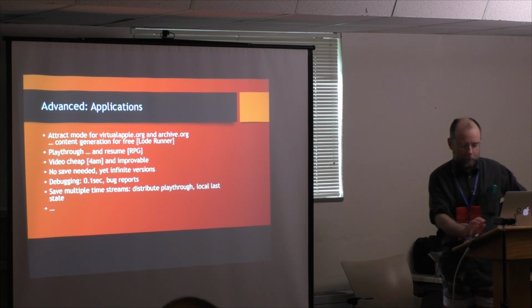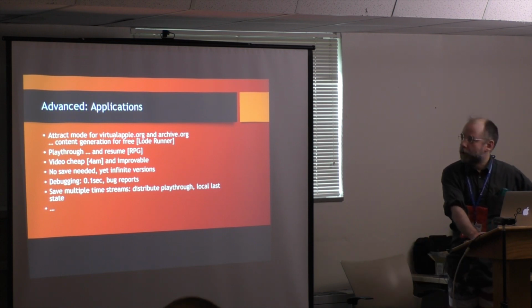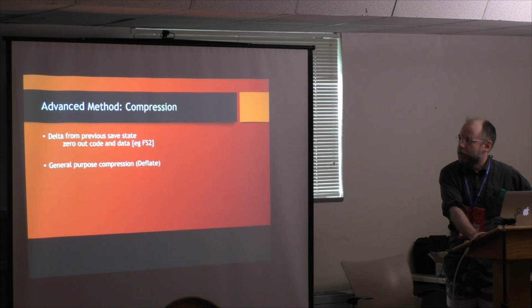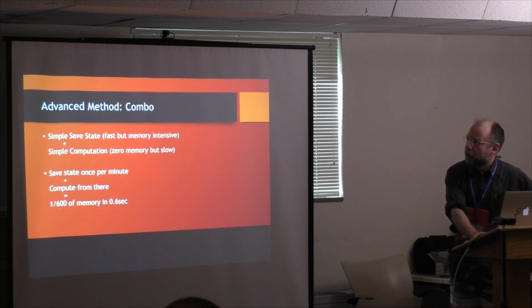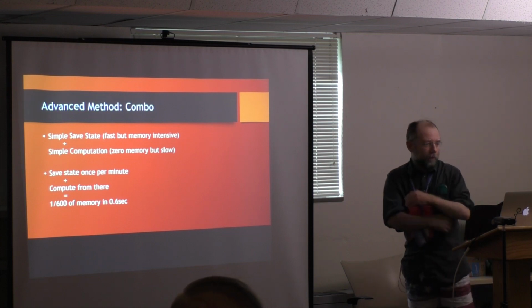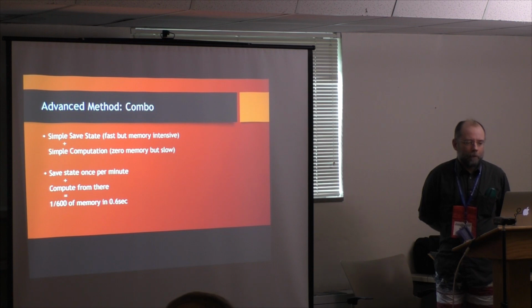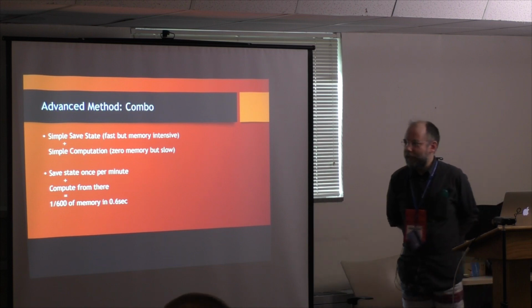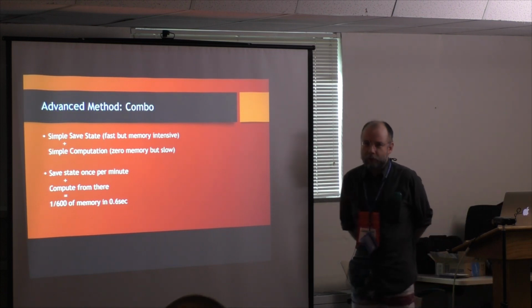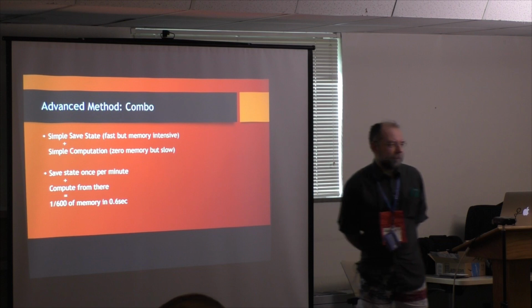So I am going to go into the descriptions of how things work. Okay, so there are now a variety of methods you can use to try to approach that wish list of items that we had. The first technique takes a look at the two simple methods that we had and combines them.